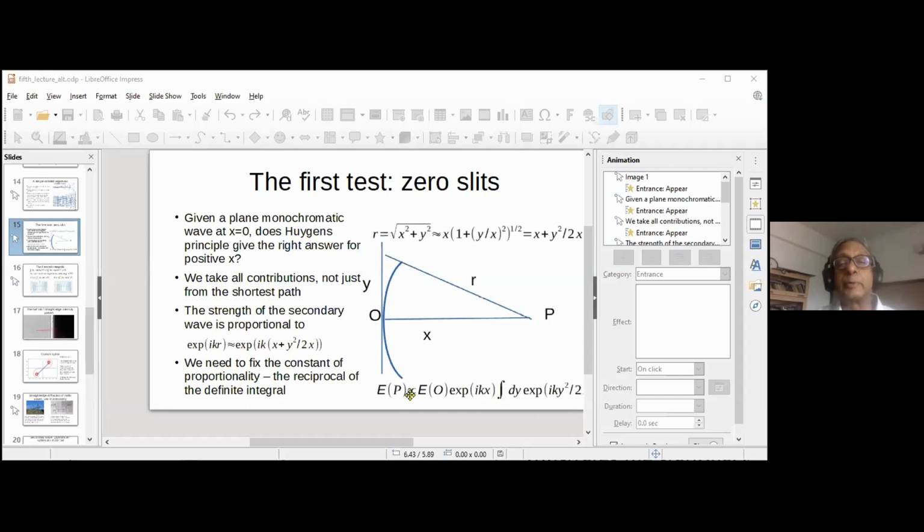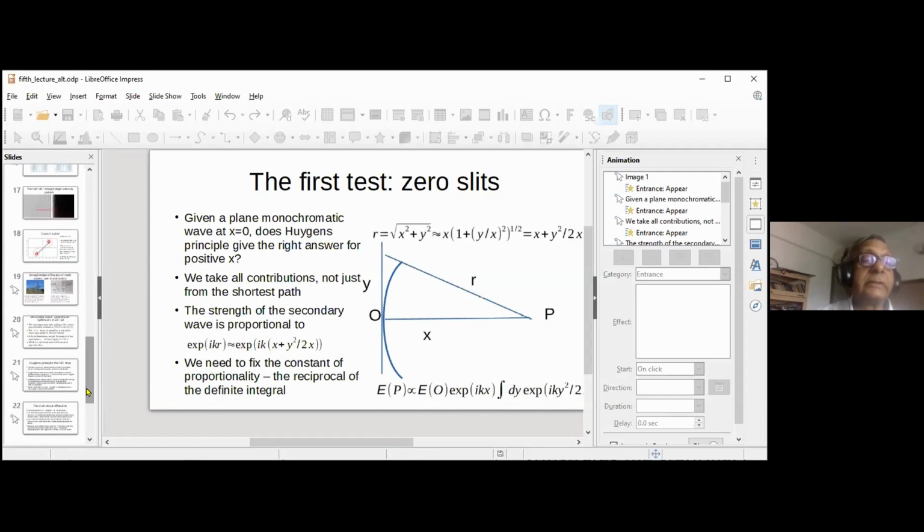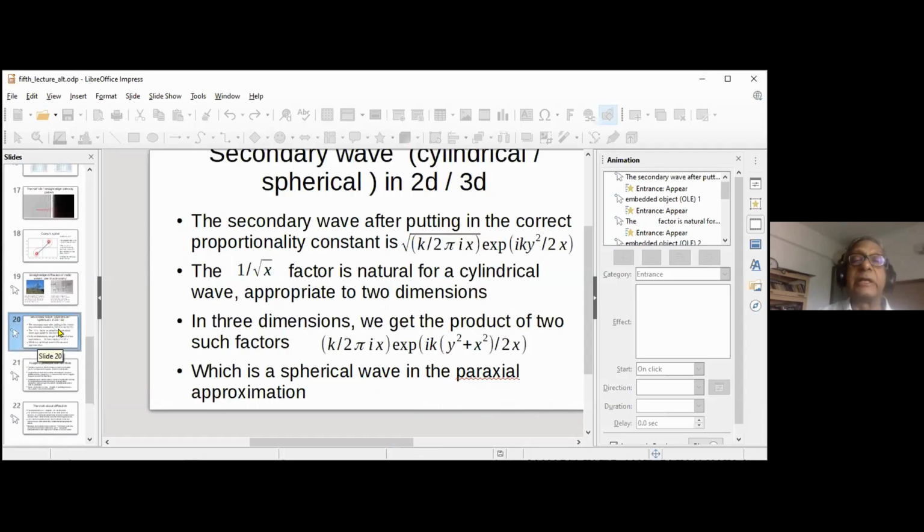Now we said proportional to, but we know from our understanding of plane waves that this factor should really be 1. So we should choose the proportionality factor to cancel this integral. And since I told you what the value of the integral was, it's not difficult to choose the proportionality factor.